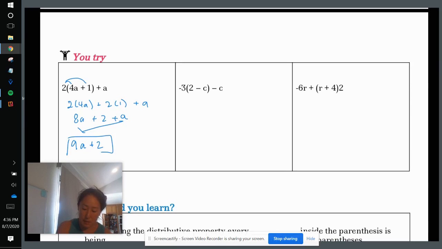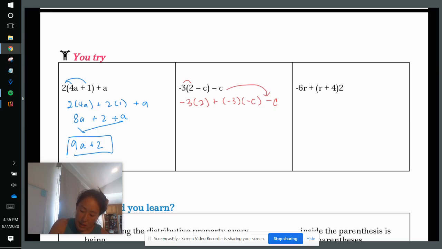Nope, that's it. All right, next we do negative 3 times (2 minus c), which is negative 3 times 2 plus negative 3 times negative c, and then minus c. Bring down the c.